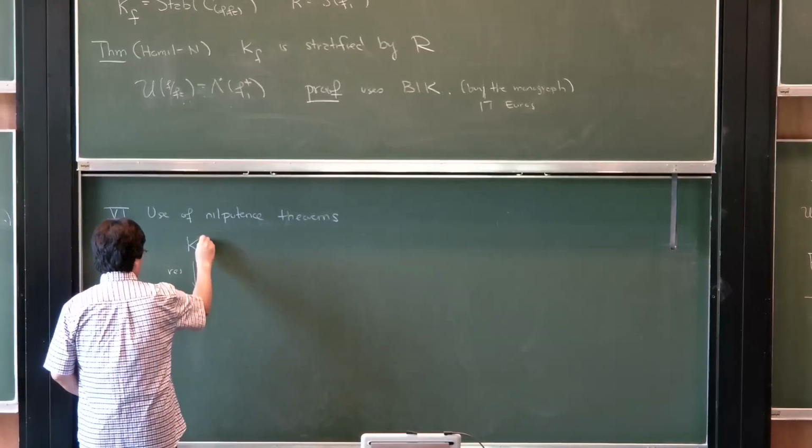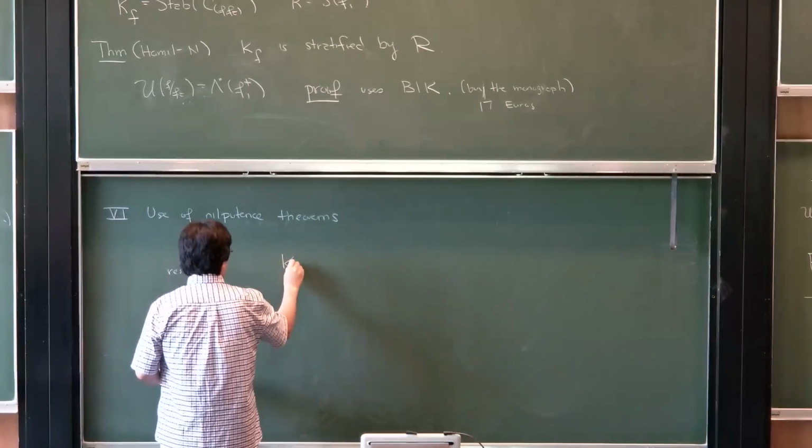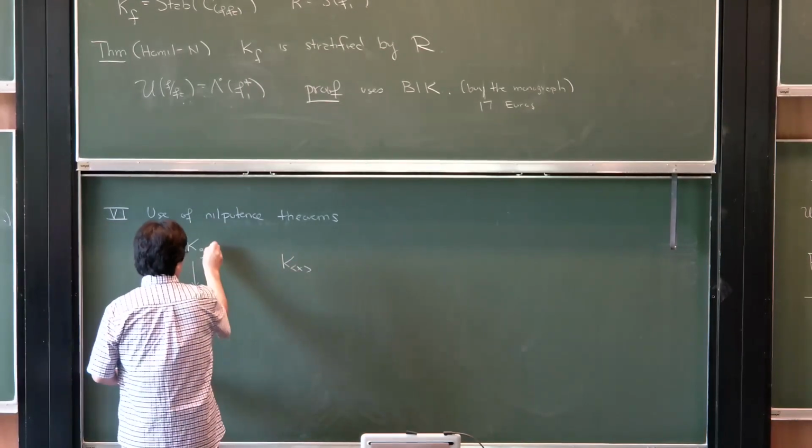So you can take modules in here and switch them to modules in here. Then we have this stable category for x.